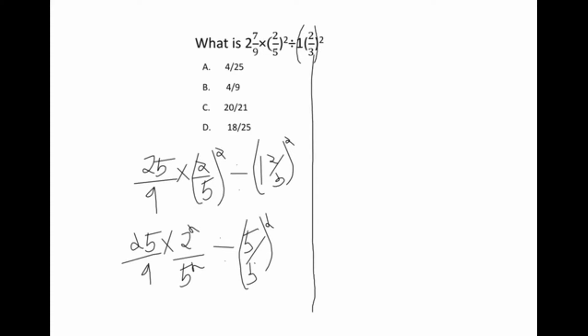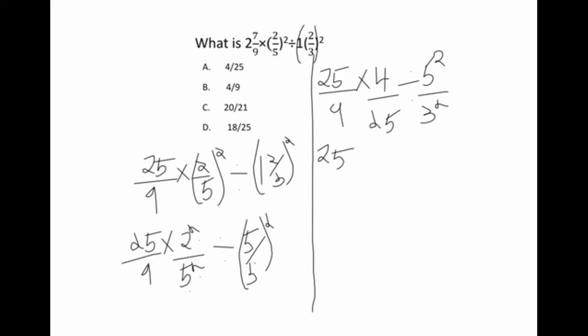So this will be 25 over 9 multiplied by 2 squared is 4, over 5 squared is 25, divided by 5 squared over 3 squared, which is 25 over 9.